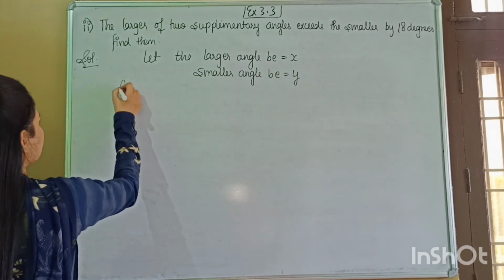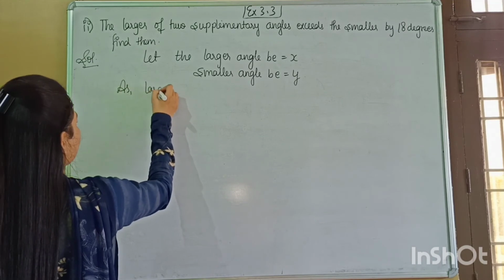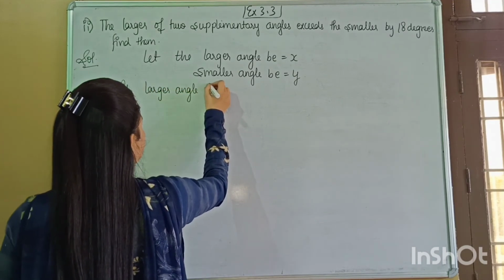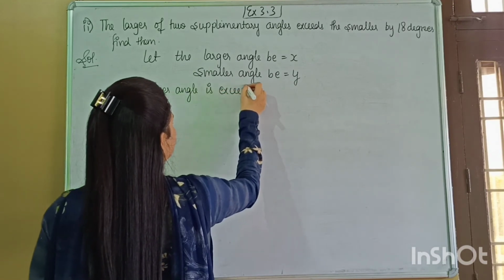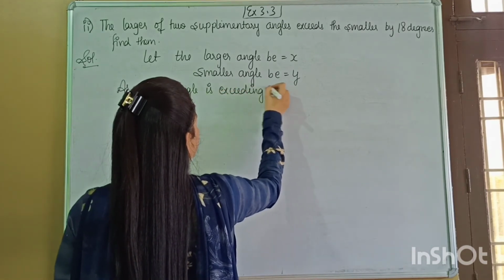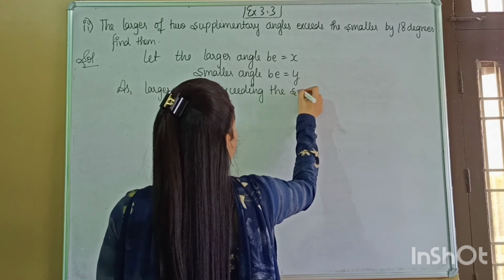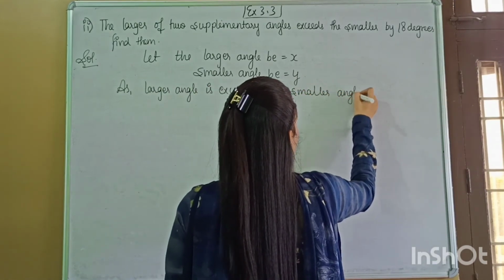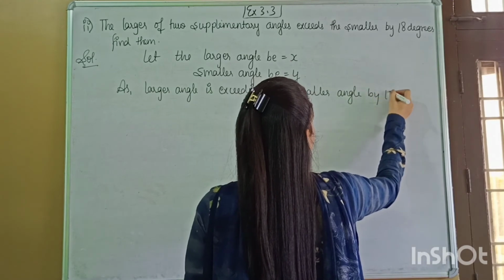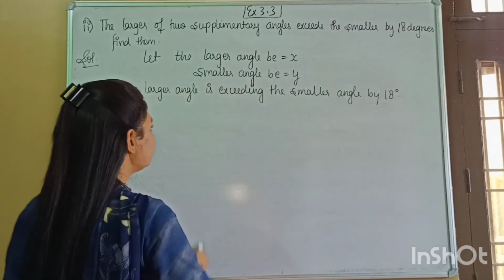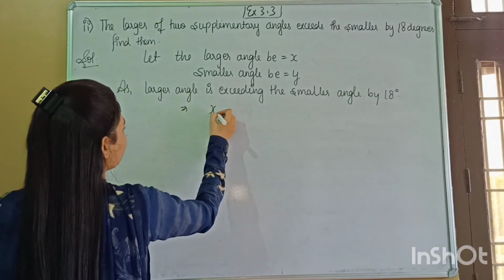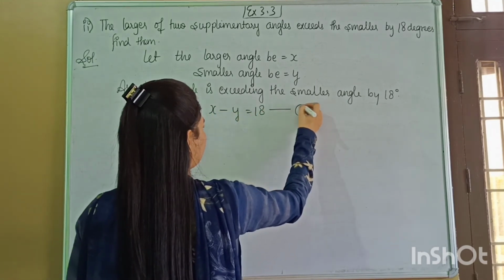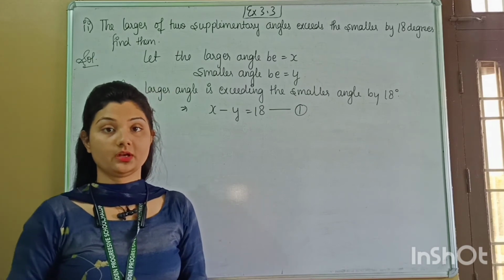So now as the larger angle is exceeding the smaller one by 18 degrees, so what we will do? Larger angle minus smaller angle is equal to 18, and this will be named as first equation.